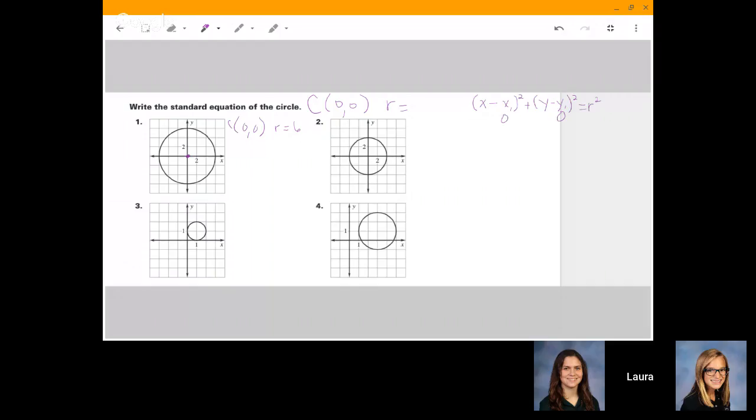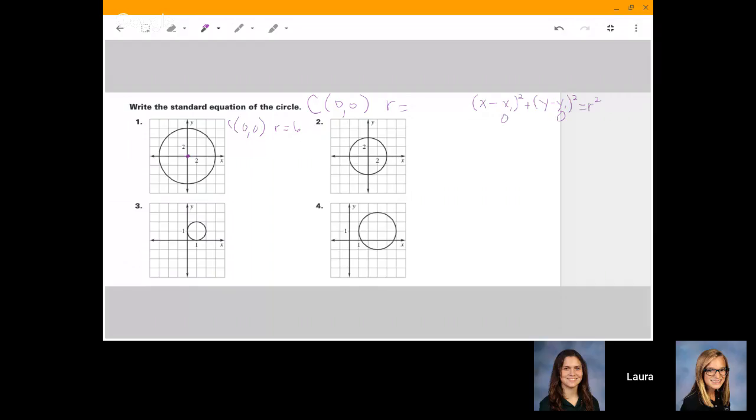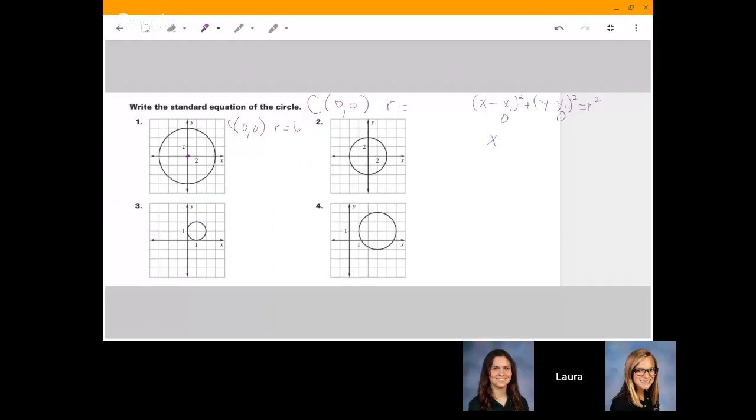in the first parentheses, you'd have x minus 0, which is how much? 0. X minus 0 is x. So in the first part, you just have x and it's squared. Plus, in the second parentheses, the same thing happens.